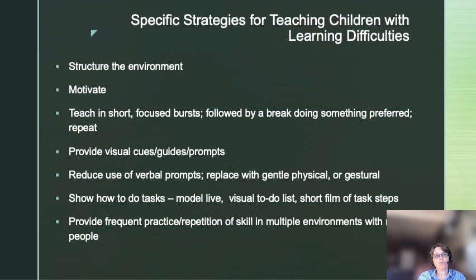There are a couple of different internet services. One is called modelme.com, which is basically a library of video models of tasks that parents can use when they subscribe to this service to show their kids different ways that things can be done.